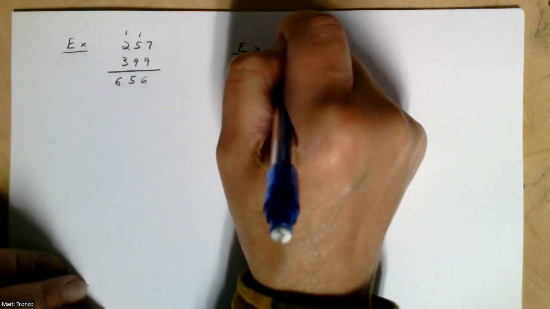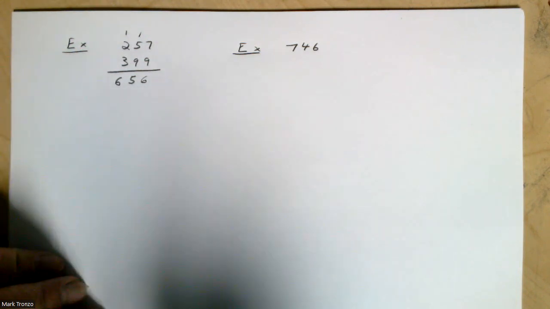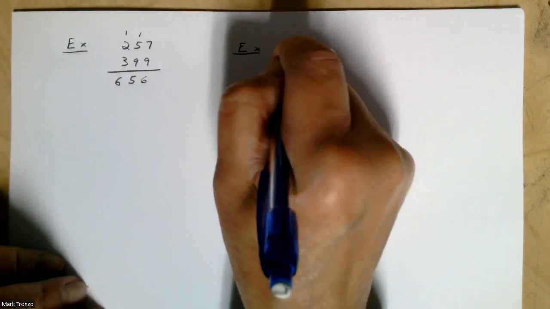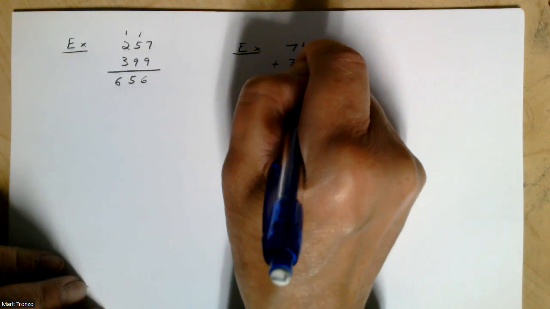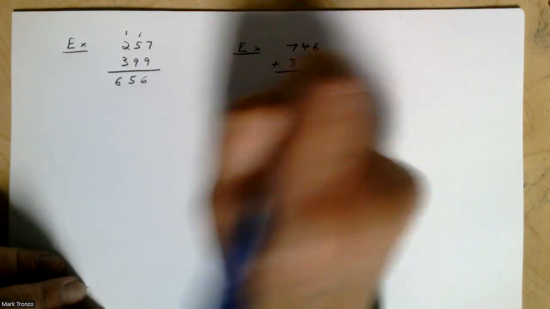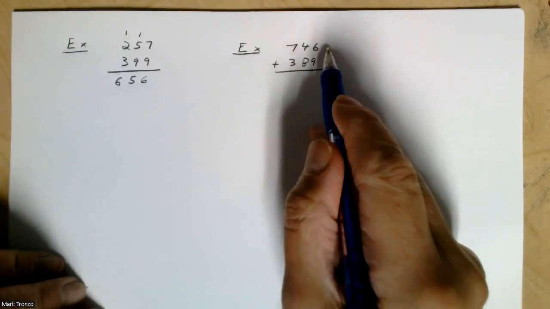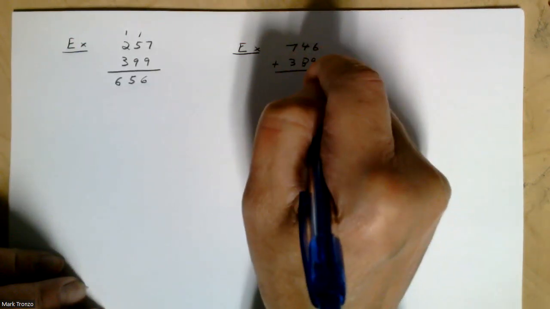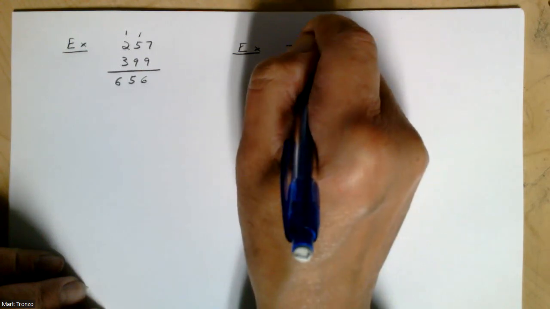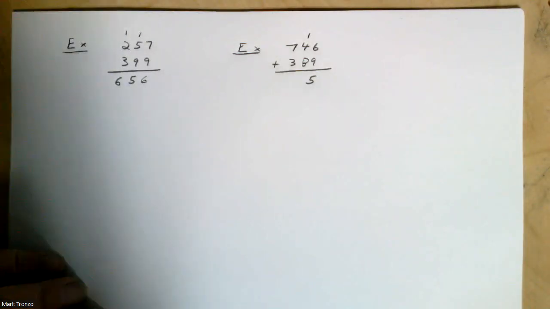And suppose we want to add these 2 numbers. $746 and $389. Again, add the first ones here with that 15. Carry the 1.